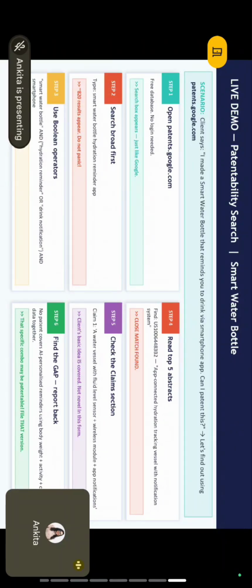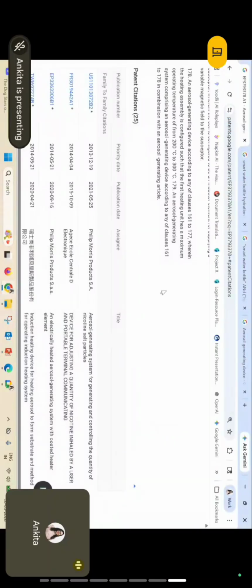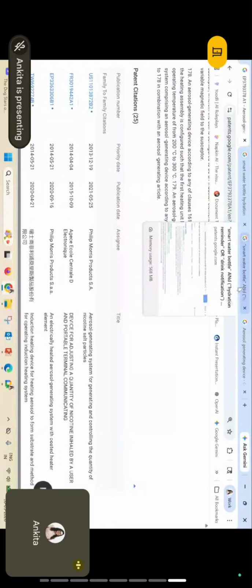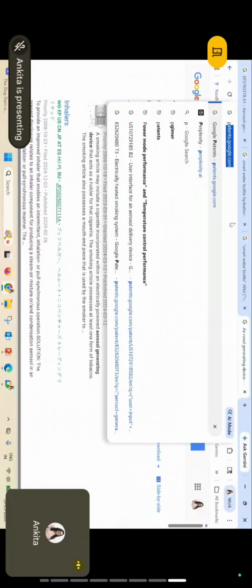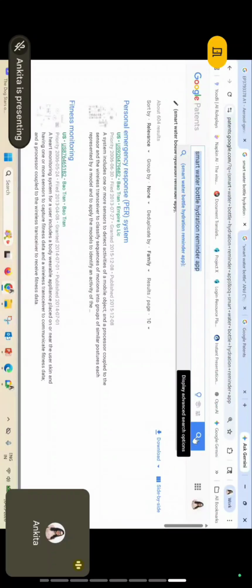We'll go much deeper than this, but I'll explain. You can also do this along with me. Go to Google Patents. Similarly, type Google Patents here. And then type Smart Water Bottle Hydration Reminder app and search.